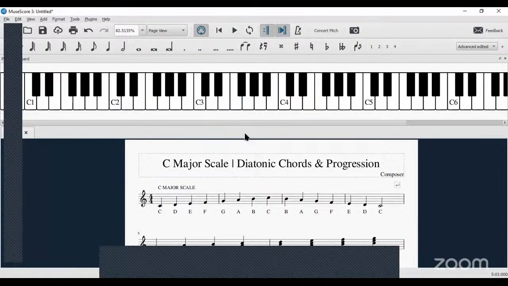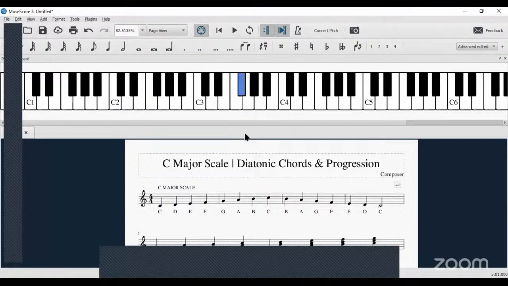Half steps. And we could look at the black keys too. We could say, starting from here, F sharp to G sharp is also a whole step. Why? Because we had to skip over this one that's right in the middle.